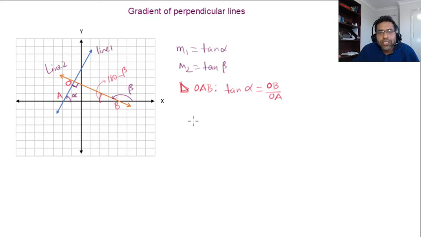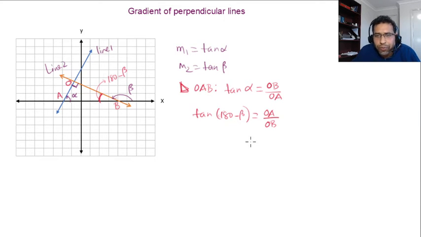How about tan of 180 minus beta? Then I am talking about this angle, and in that case our opposite will be OA, and our adjacent for this one will be OB, because AB again is the hypotenuse in this triangle OAB.